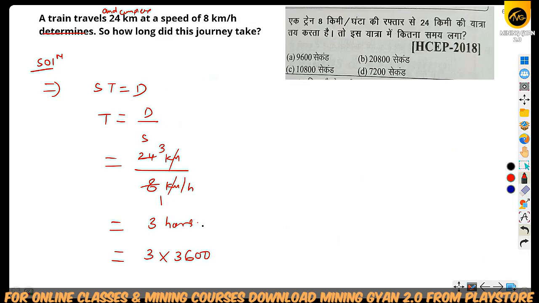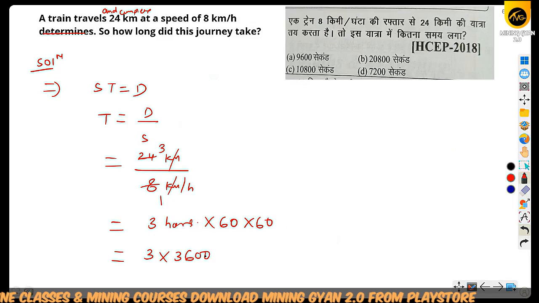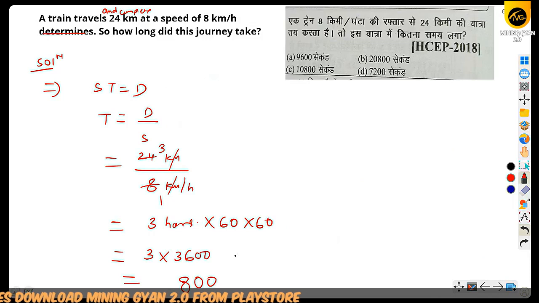If you want to convert into minutes, then just multiply by 60, and if you want to convert into seconds, then just multiply 60 into 60, that means 3600, right? So 3 into 3600 will be 10,800 seconds.